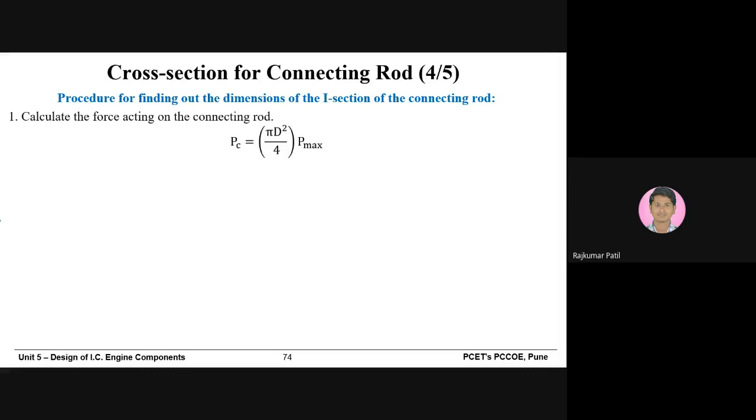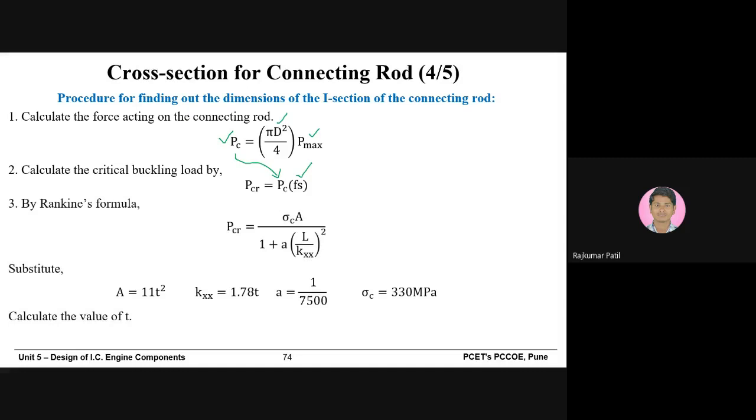So first, calculate the force acting on the connecting rod, that is PC, by using this formula pi d square upon 4 into P max, where d is diameter of bore and P max is the maximum gas pressure. Second, calculate critical buckling load. So PCR is equal to PC, just calculated, into factor of safety, which we take between 5 to 6.